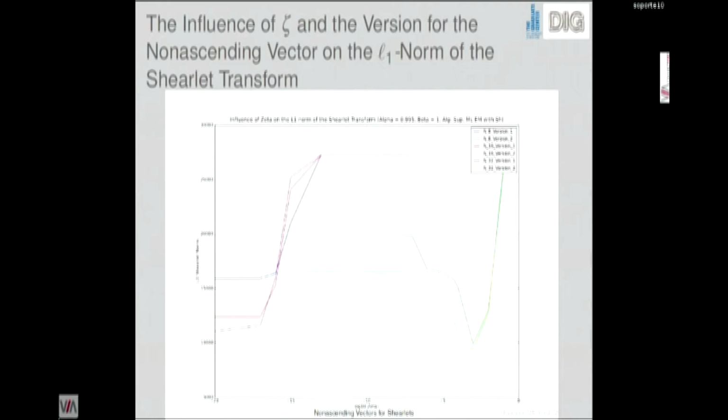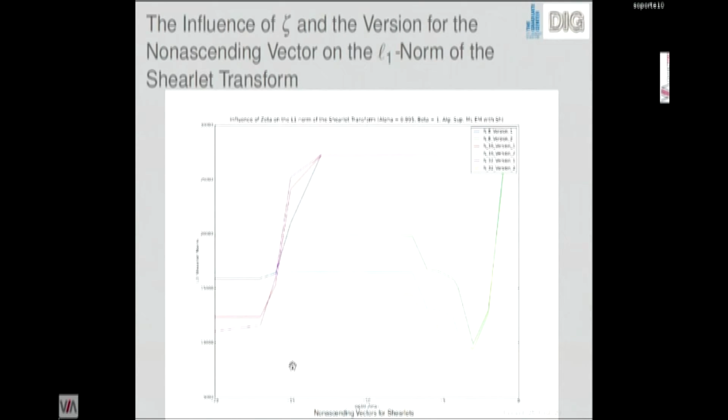And lo, the behavior of version 1 and version 2 are quite different. These 3 are for the different values of n using version 1, and very small theta is the best, and as you increase theta, it gets worse, and eventually it seems to settle down. So here theta is 10 to the minus 10.